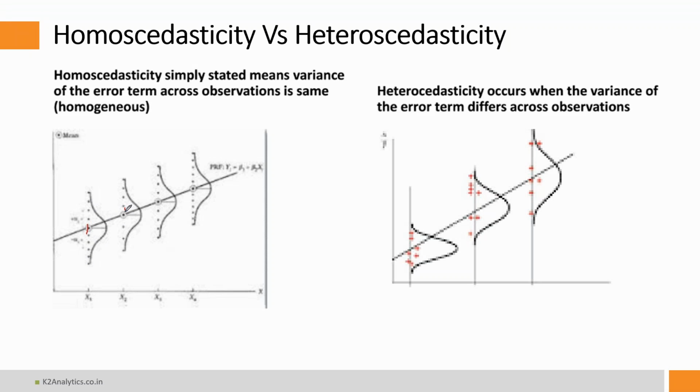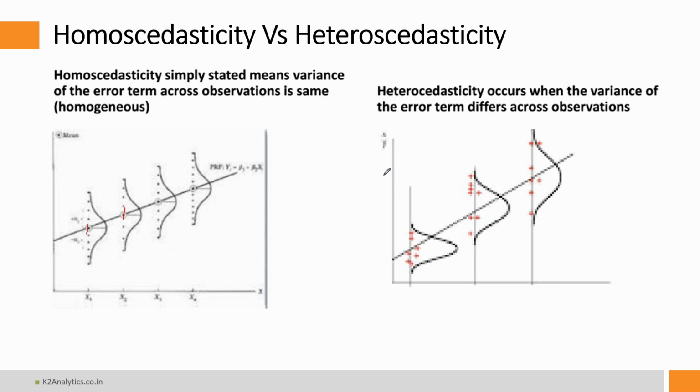If I take a cross section here, the error is equal. The variance of the error, that is this plot, is normally distributed, and at any point if I take a cross section, the variance should be equal.